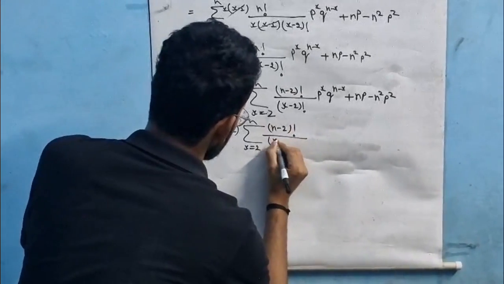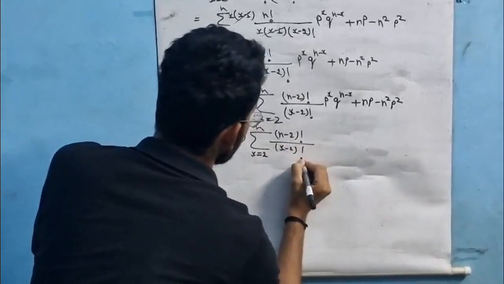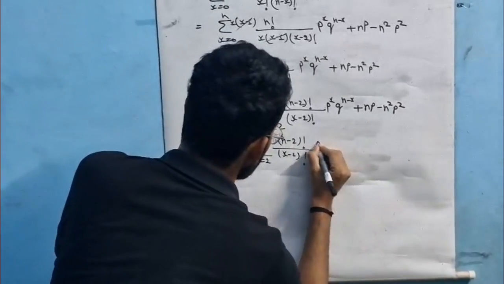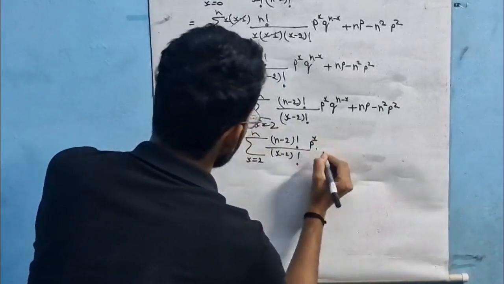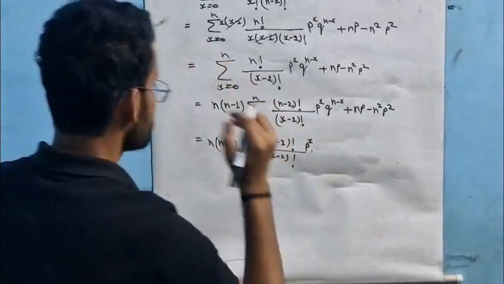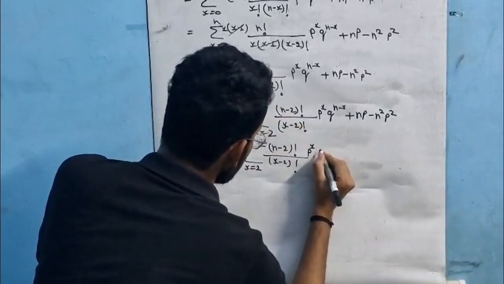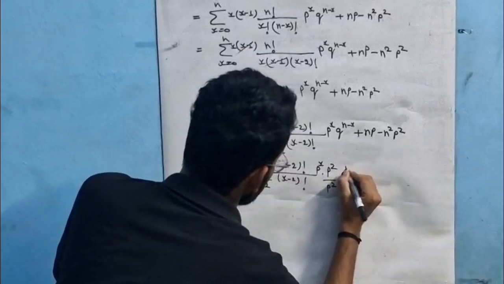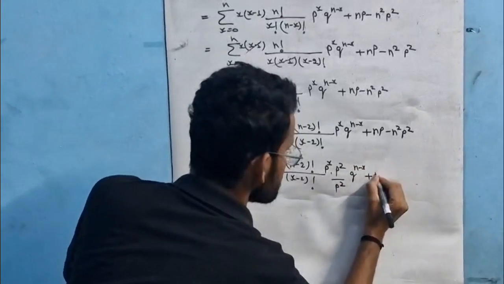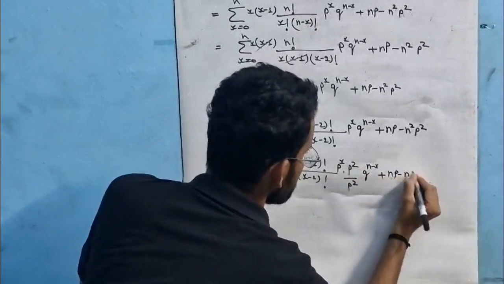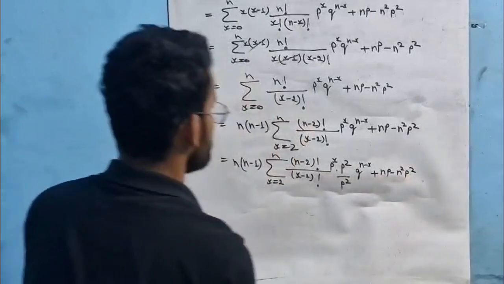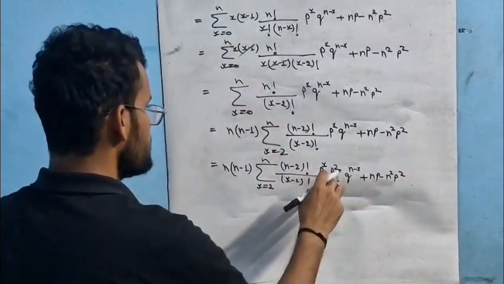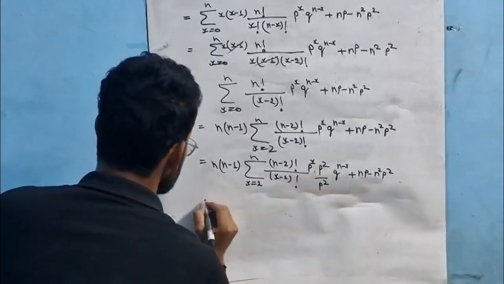Here we multiply and divide by p square, and p square comes out from the summation.